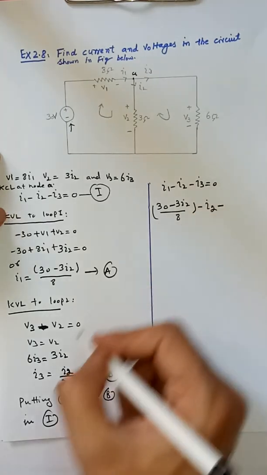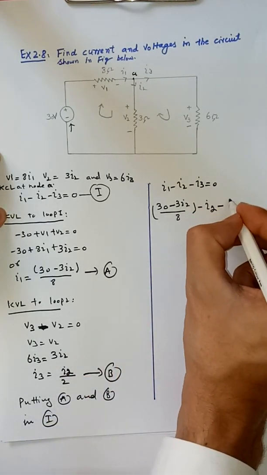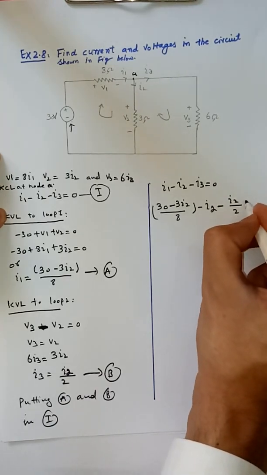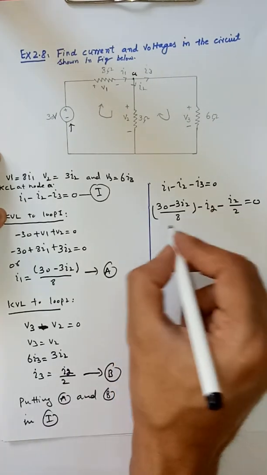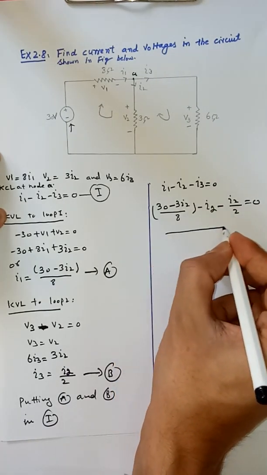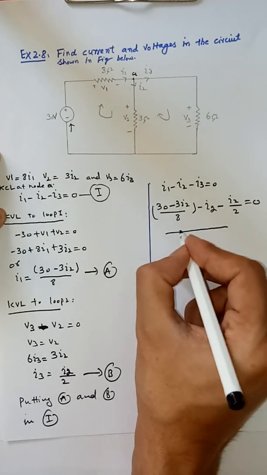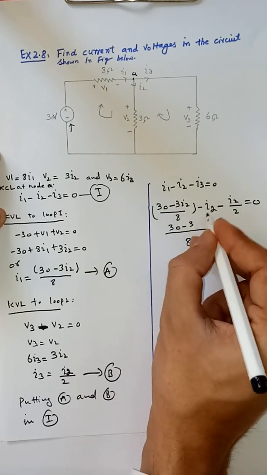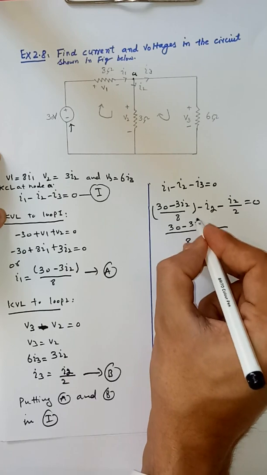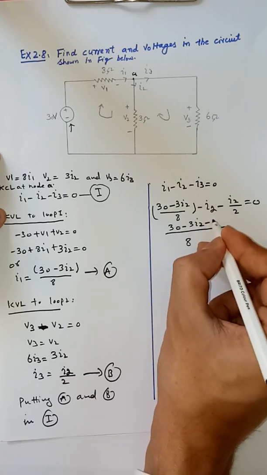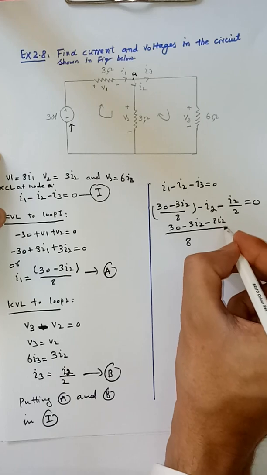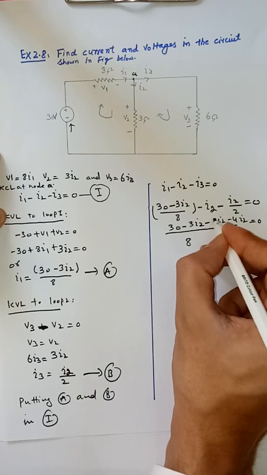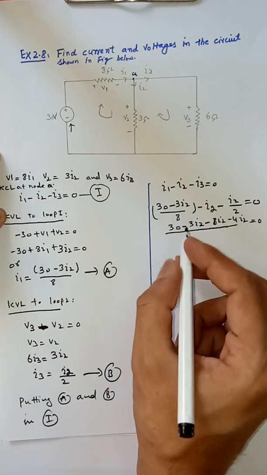Simplifying by taking LCM 8: 30 minus 3 I2 minus 8 I2 minus 4 I2 equals 0. Cross multiplying 8 with 0 gives 0.